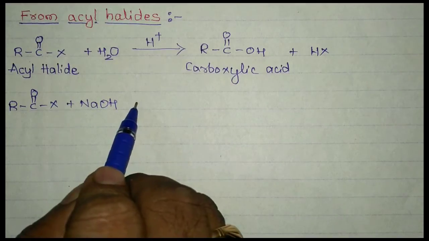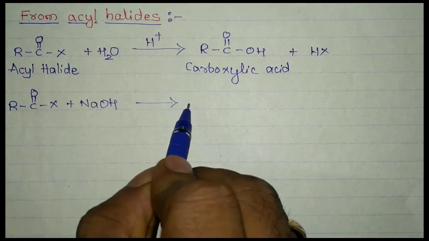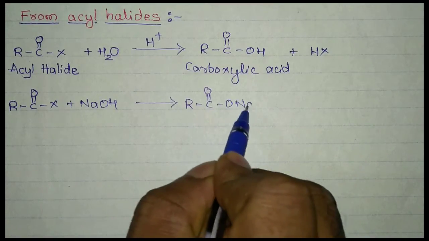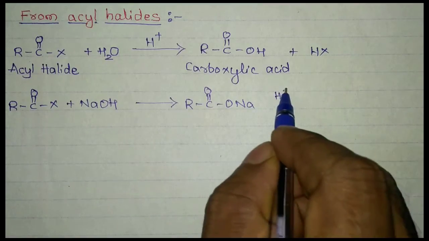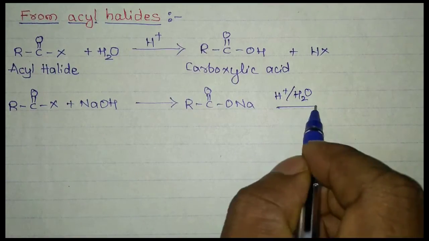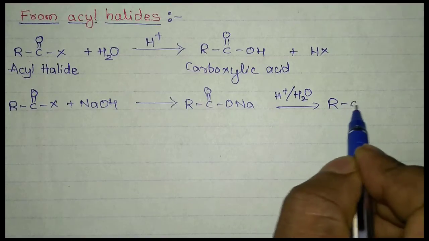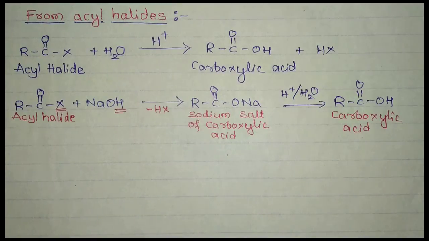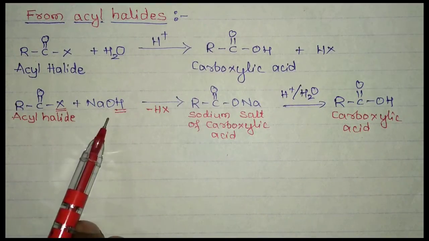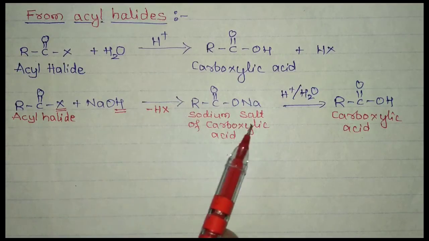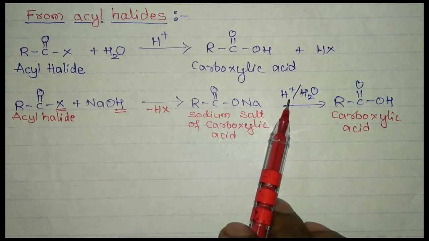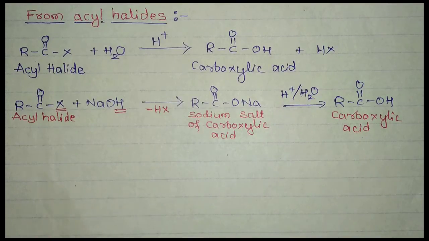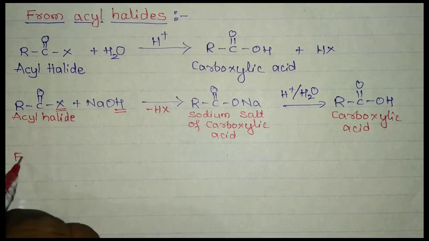Here you are going to get RCOONa, the salt of the carboxylic acid, which on acid hydrolysis gives carboxylic acid. Acyl halides on hydrolysis with a base give the sodium salt of carboxylic acid. Then hydrolysis in the presence of acid gives the corresponding carboxylic acid. Now let us discuss an example.